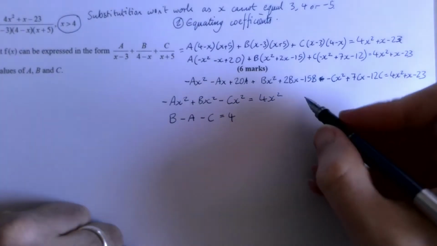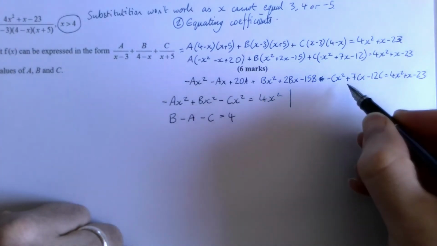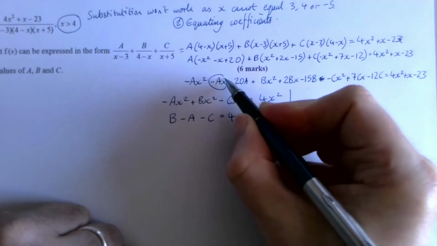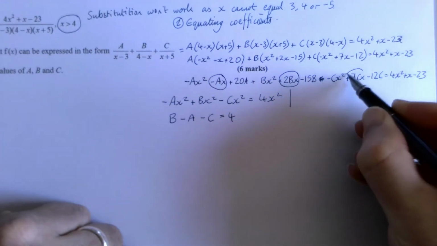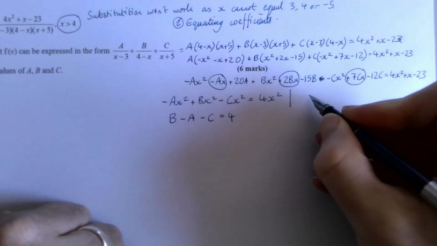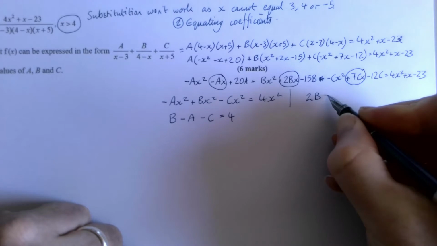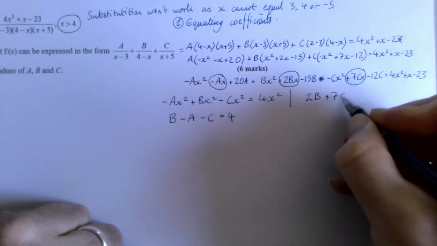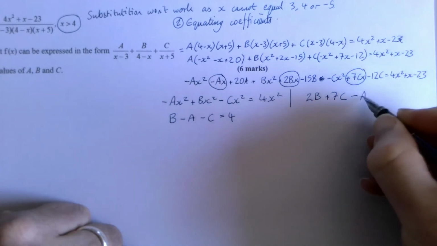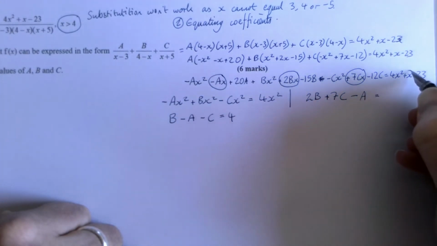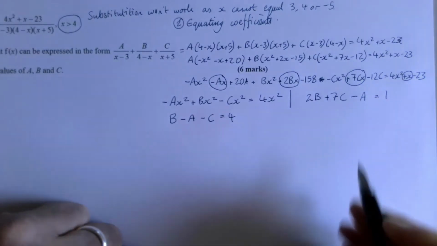I'm going to get 3 equations like this, then I'm going to do some simultaneous on it. I should then, for the x's, I've got minus ax, I've got plus 2b, and I've got plus 7c. So if I say 2b plus 7c, take just the 1a, is going to equal 1x. So for the x's I get that.